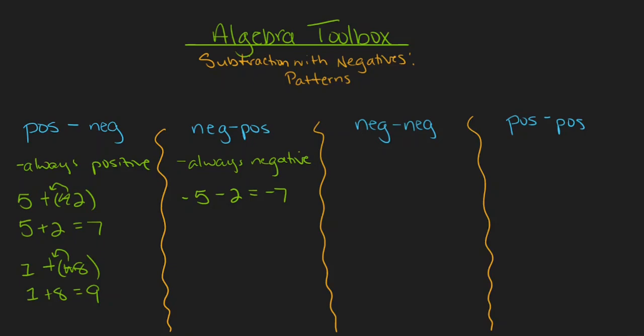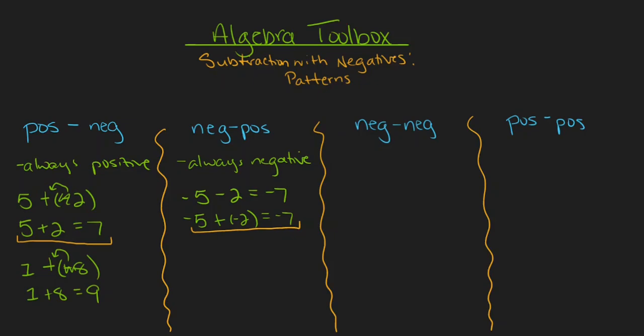Now something you might notice from the other example that we did is that when we had positive 5 plus positive 2, that equaled 7. Now when we have negative 5 minus 2, which is really another way of thinking about negative 5 plus negative 2, we ended up with negative 7. So what we can see is really we've changed both of these subtraction problems into addition problems.